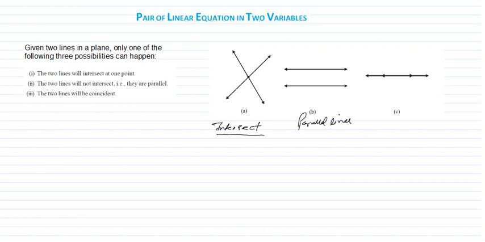The third one is coincident. Coincident means one line is drawn on the same line. If you draw a line and then draw one more line on it, it will become a coincident line. Here we are talking about the xy plane.